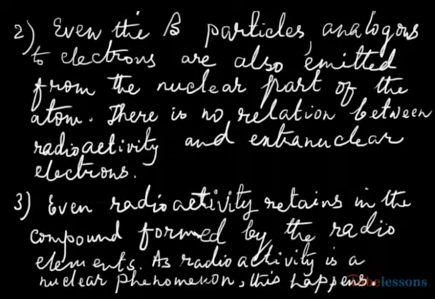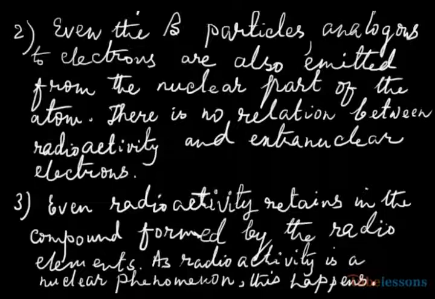Before emission of a beta particle, the neutron splits up into a proton and an electron. Leaving the proton, the electron is emitted from the nuclear part, and therefore the atomic number of the element is increased by 1, because instead of one neutron, a proton is there. Therefore, the number of protons is increased by 1, so atomic number is increased by 1.